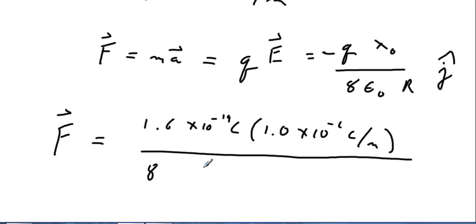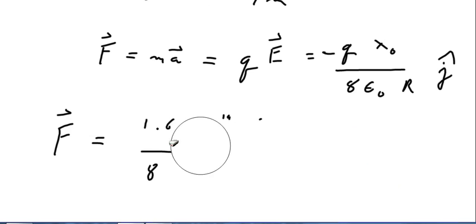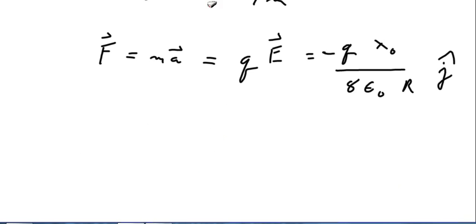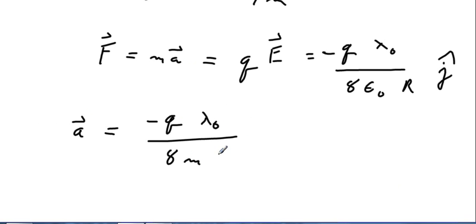We're trying to find the acceleration, so we're going to have to move back. So the acceleration of the electron is minus Q lambda naught over 4 m epsilon naught r j hat. Okay, that's better.